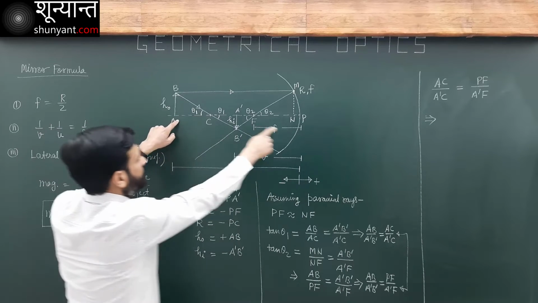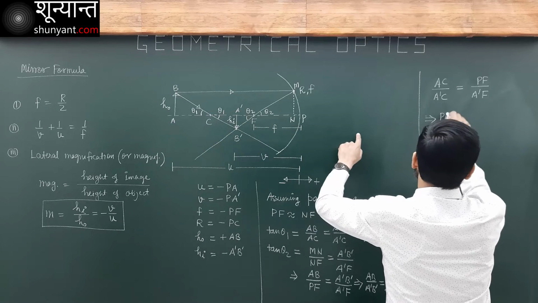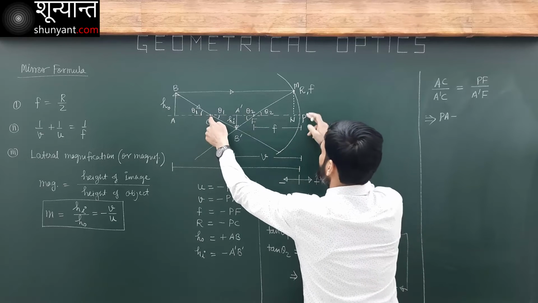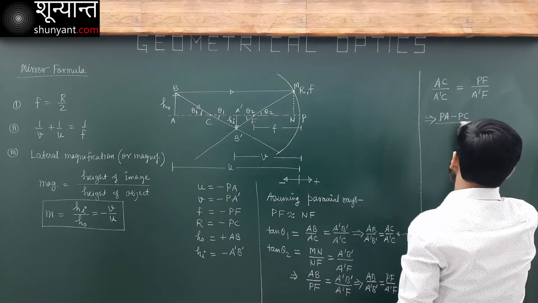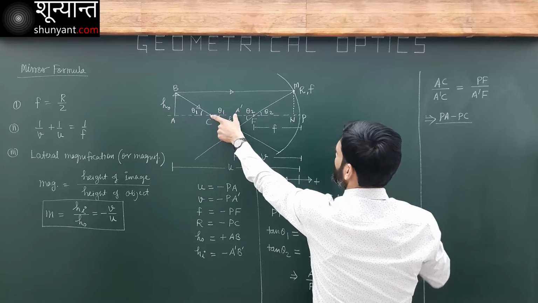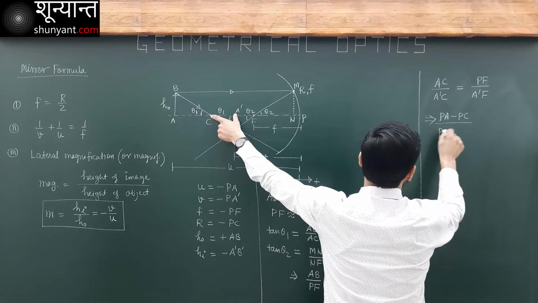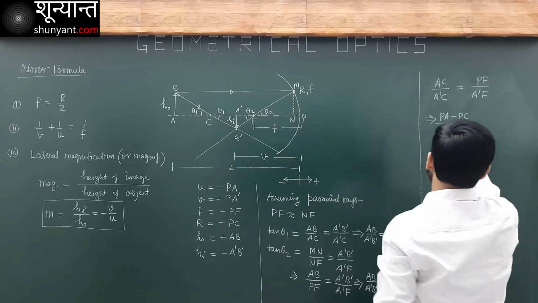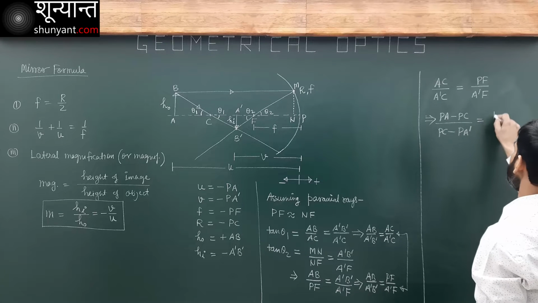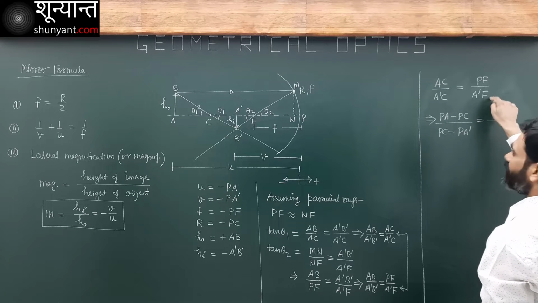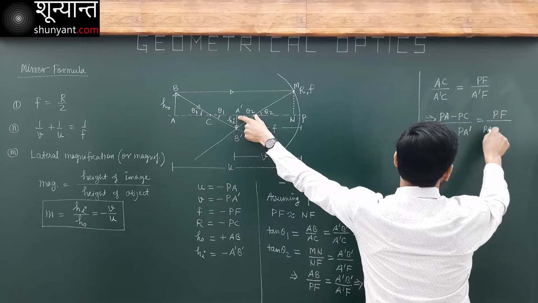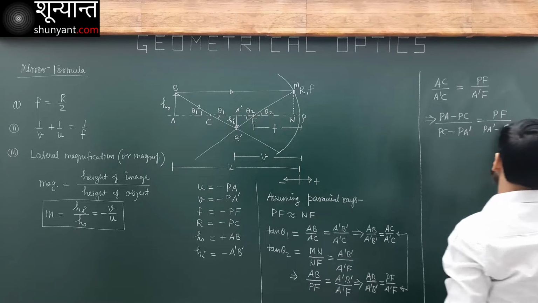Can I write it as PA minus PC? Over A dash C, which is equal to PC minus PA dash, is equal to PF over A dash F. A dash F will be equal to PA dash minus PF.